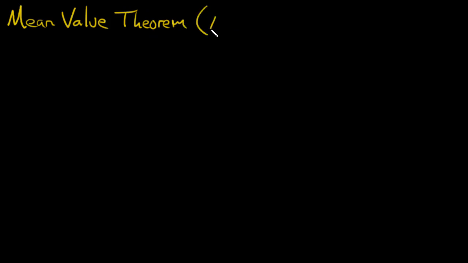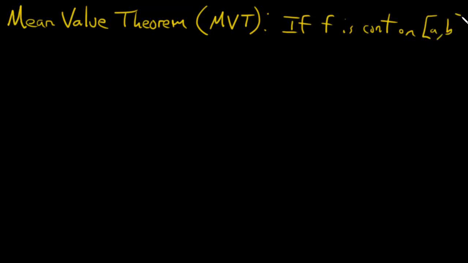Okay, so the mean value theorem, let's figure this one out. The mean value theorem, which I will henceforth call the MVT because it's less of a mouthful. So here we go. If f is continuous on [a, b], we've seen that before already.